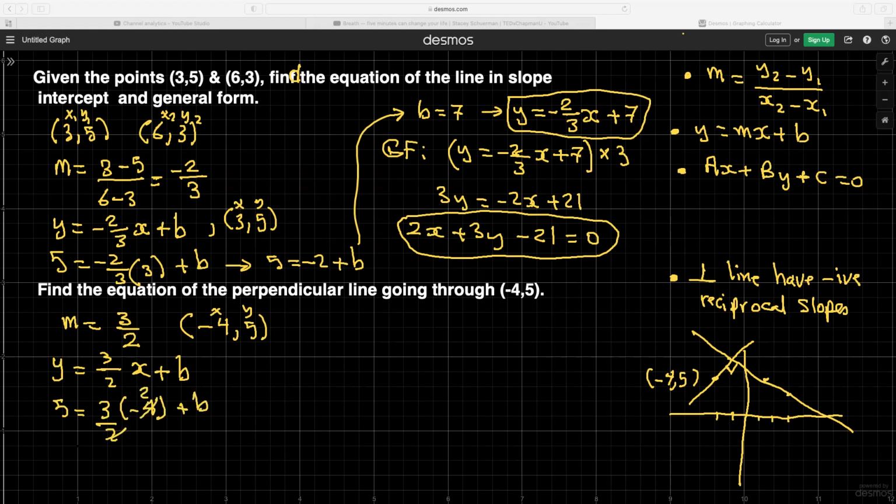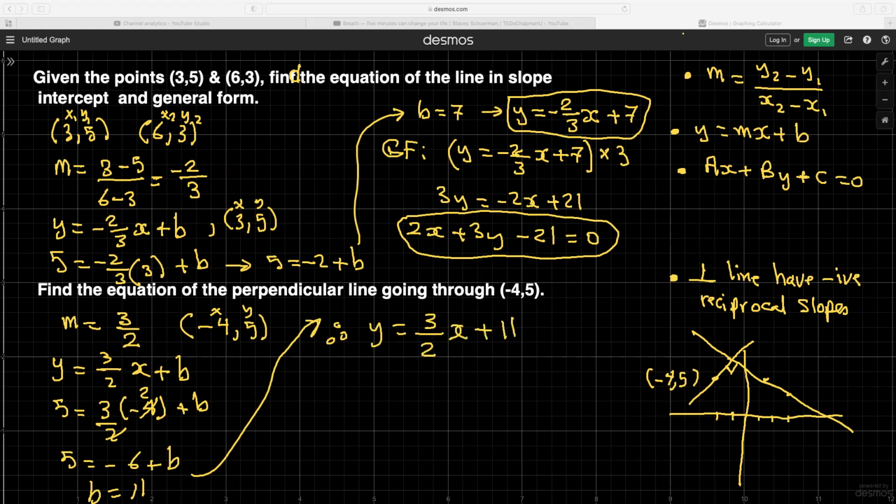So we have 5 equals negative 2 times 3 is negative 6 plus b, and b equals 11. And therefore, the equation in slope-intercept form is y equals 3/2 x plus 11. And that's the equation in slope-intercept form.